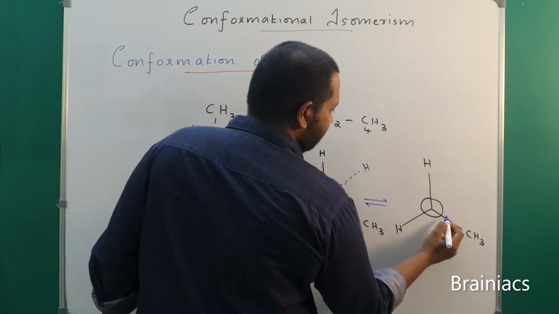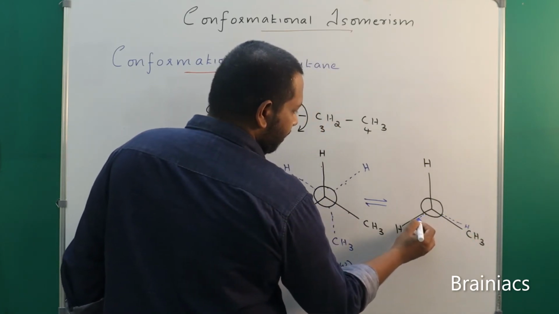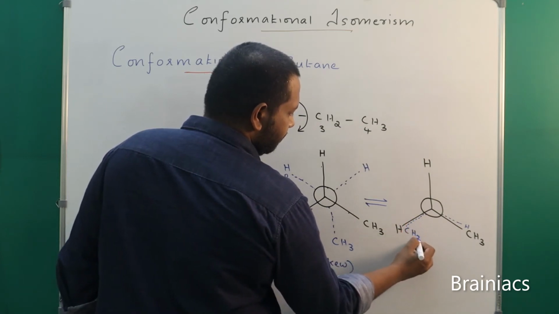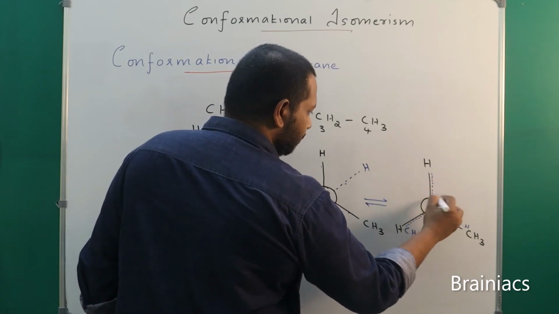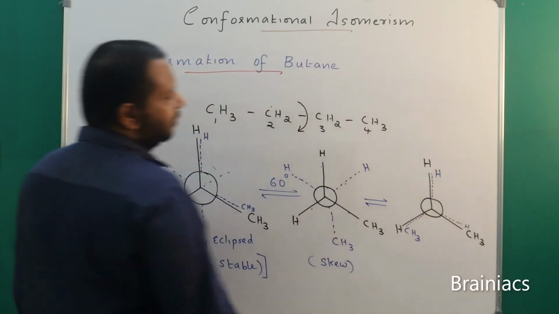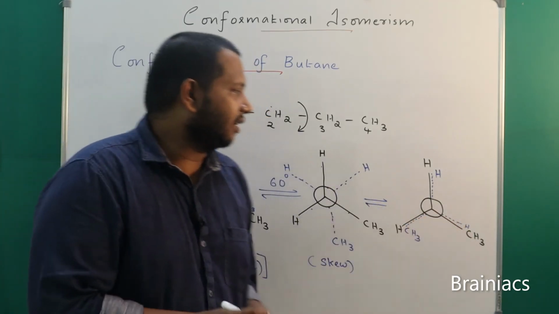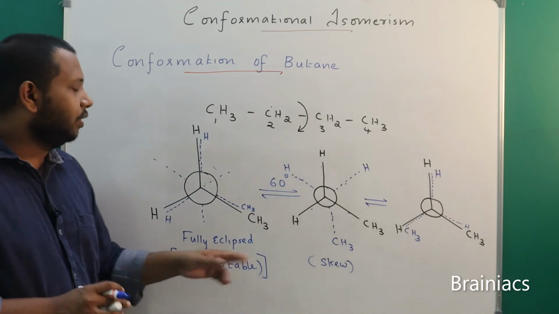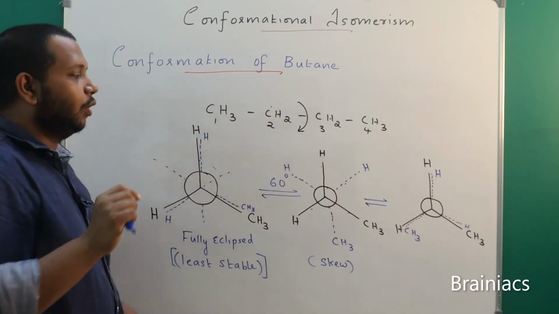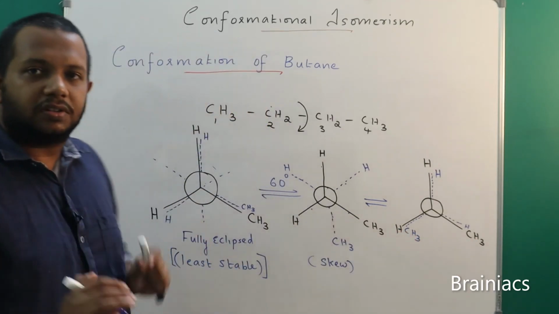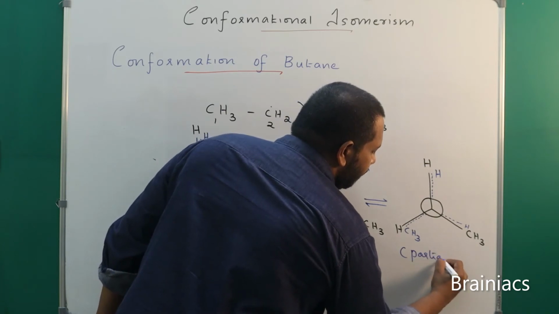So you will get hydrogen here, CH3 here, and hydrogen here. Some students may think, sir, here one is coming behind the other, right? Yes, but we cannot say it is fully eclipsed. In this format the hydrogen is behind CH3, not CH3 behind CH3. This type of eclipse we call partially eclipsed.